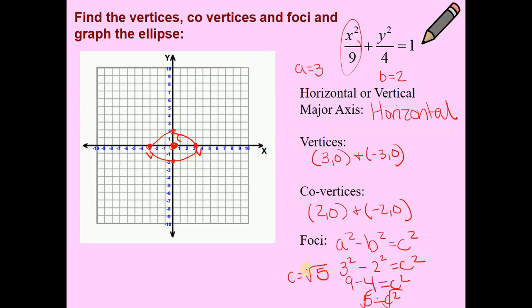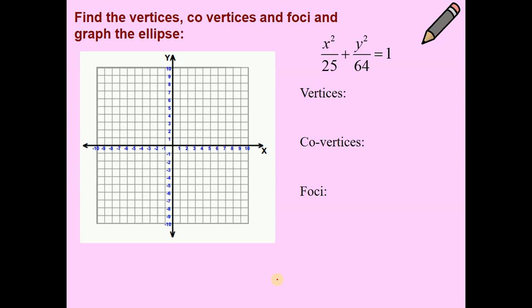And the square root of 5 is very close to 2.24 roughly. So that tells me my c value is the center to the foci. So 2.24, so my focus has to be right here and like right here. So my two ordered pairs of my foci would be the negative square root of 5, 0 and the square root of 5, 0. Those would be my foci.